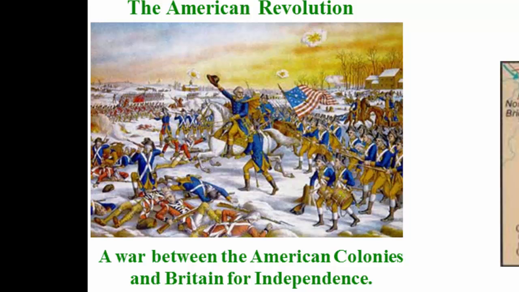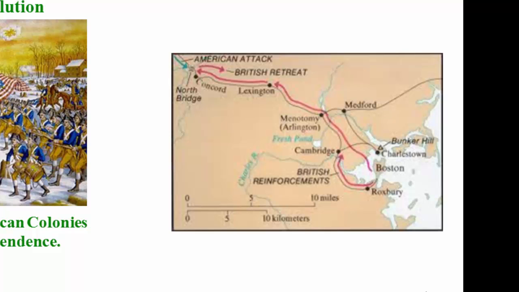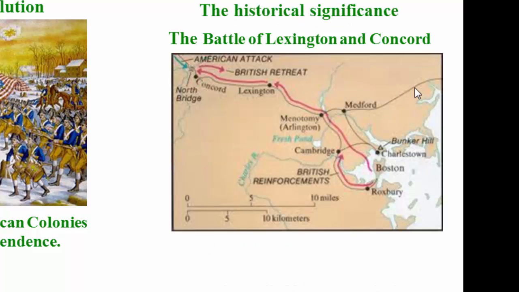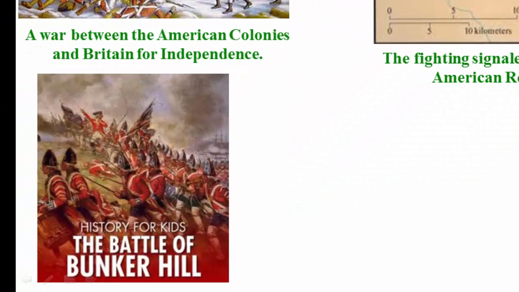What were the first battles of that war? Lexington and Concord. And the historical significance of Lexington and Concord is it was the fighting that signaled the start of the American Revolution. What was the second battle? Bunker Hill.